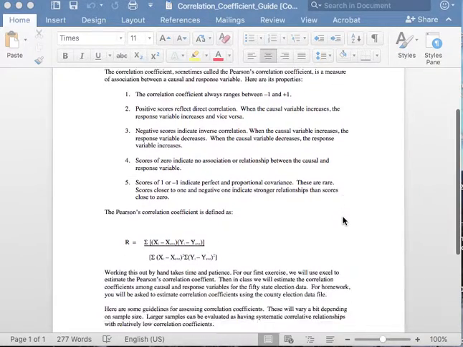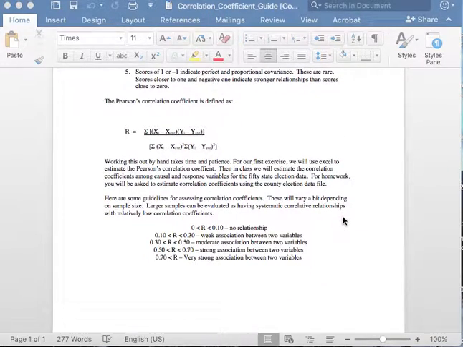Now, how do we calculate it? What is the mathematical definition? You don't need to be terribly concerned about this because you can use the Excel CORREL function, which I'll get to in another brief video. But basically, the r stands for Pearson's correlation coefficient, and it is a case where you want to sum all of the x values minus the mean of x in your sample and multiply them by the response variable values minus the mean of the response variable.